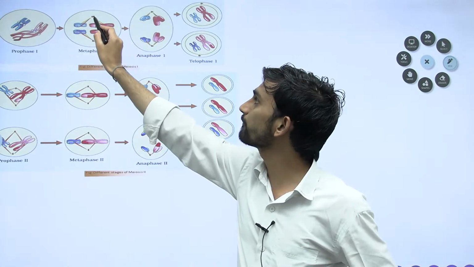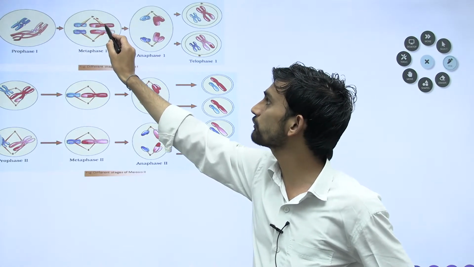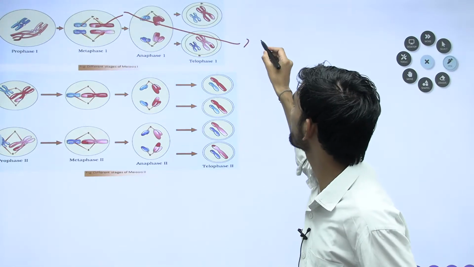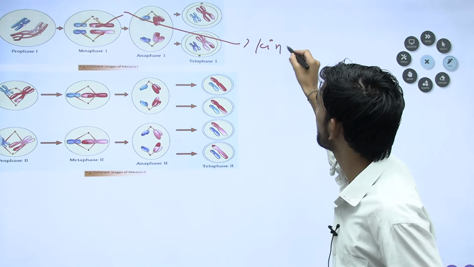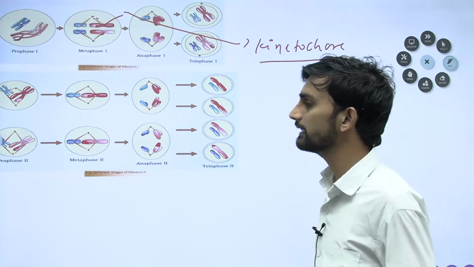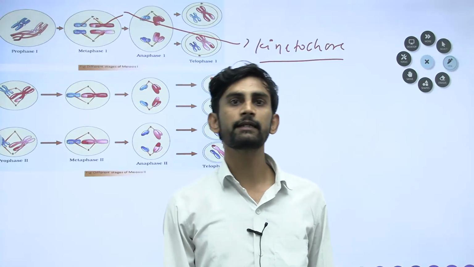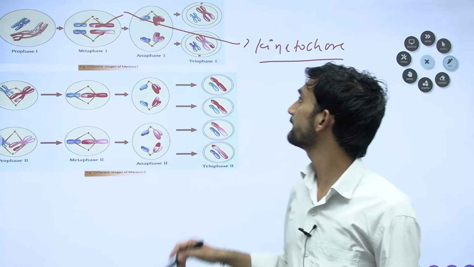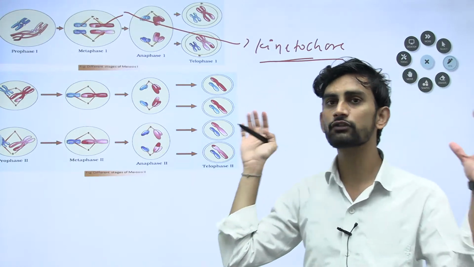These completed spindle fibers attach to the kinetochore. In yesterday's class I already told you about the kinetochore. Kinetochore is a disc-like area present on the centromere. On both sides of the centromere you will find the kinetochore, and the spindle fibers attach to it.